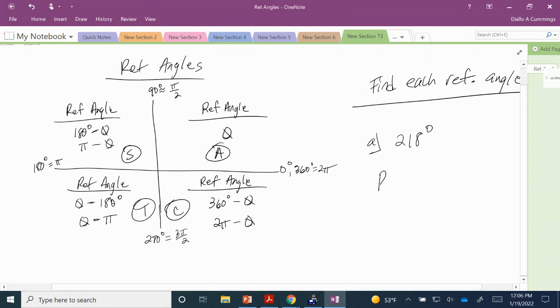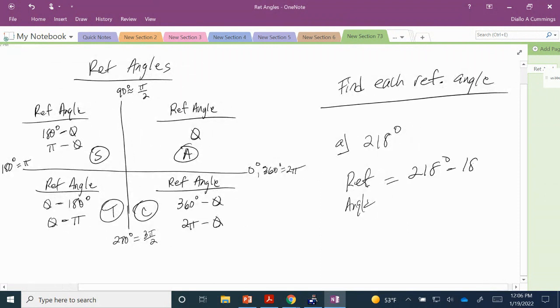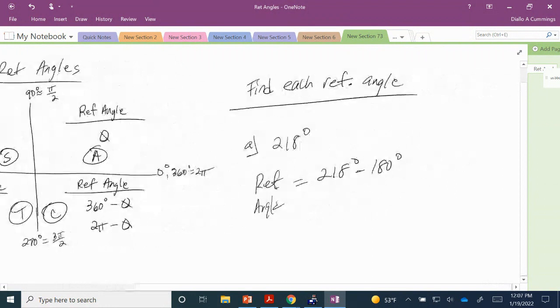So the reference angle would be the given angle measure, which is 218 minus 180. So once we subtract, we get 38 degrees. Therefore, 38 degrees is a reference angle for a 218-degree angle.